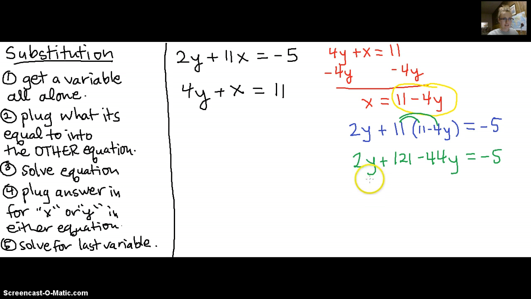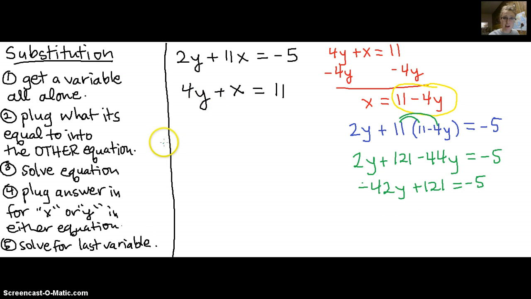I can see that there are 2 y's here, and there are negative 44 of them over here. Together we have negative 42y. So, negative 42y plus 121 is equal to negative 5.